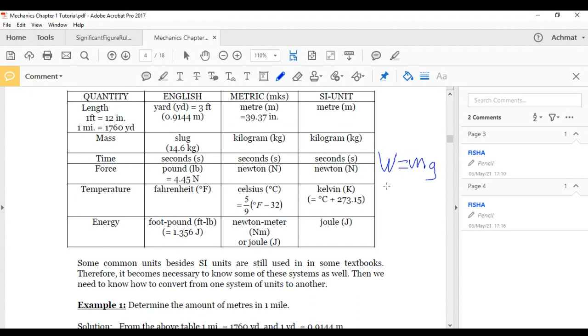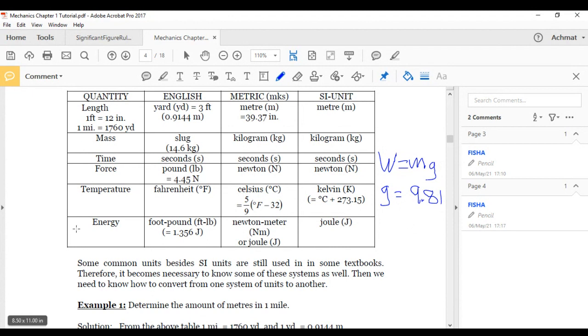The value that you used at school for g would have been 9.8. Here at university we might use a more accurate value, 9.81. And the unit for that is an acceleration, so it will be 9.81 meters per second squared.